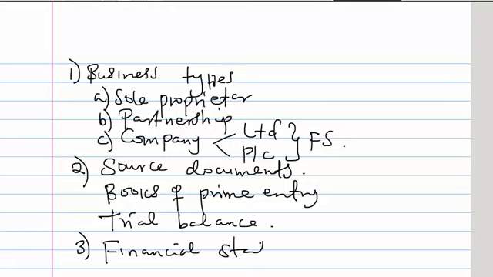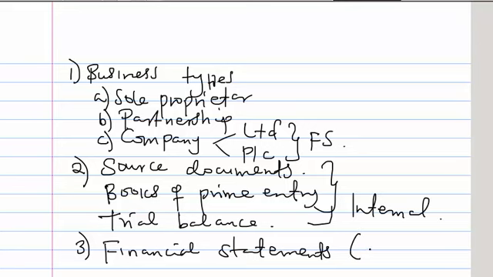So financial statements. Let me be quick to mention here that these pieces of information we have here are normally kept internal in the business, but these are often published to the public or to people outside the organization.